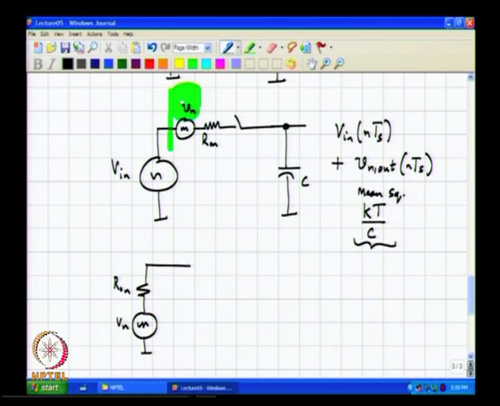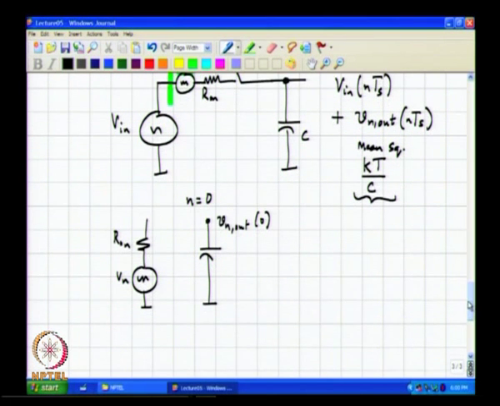So, at time instant n equal to 0, this was the state of the network and I open the switch. So, some voltage Vn out of 0 is held on the capacitor.